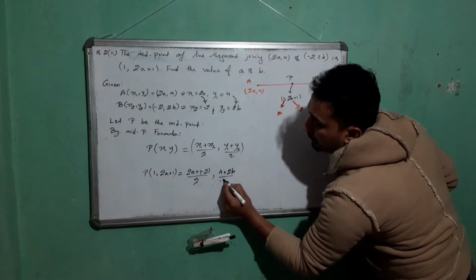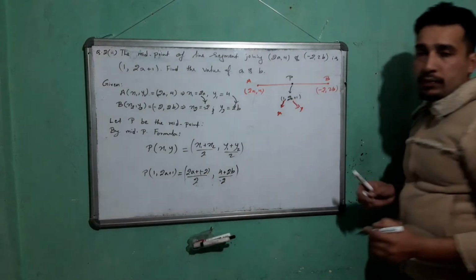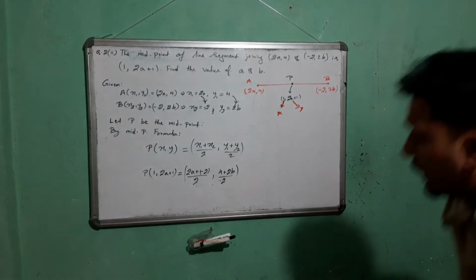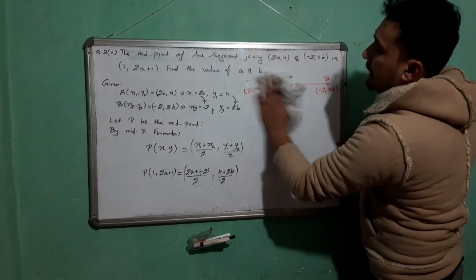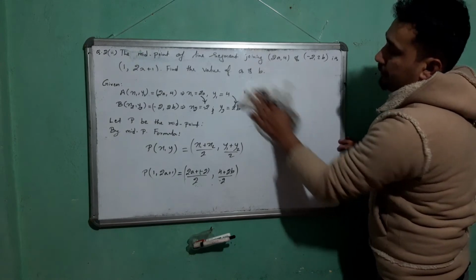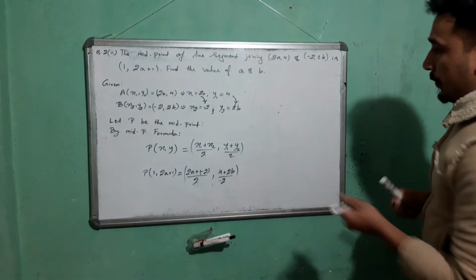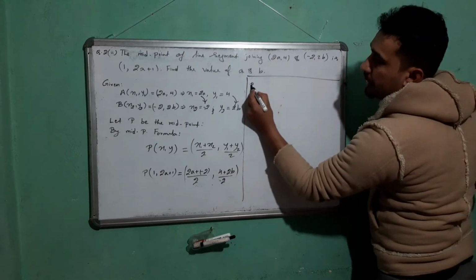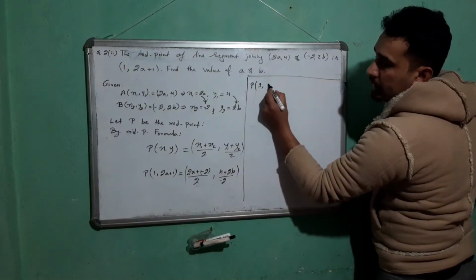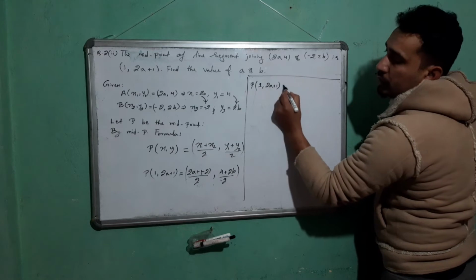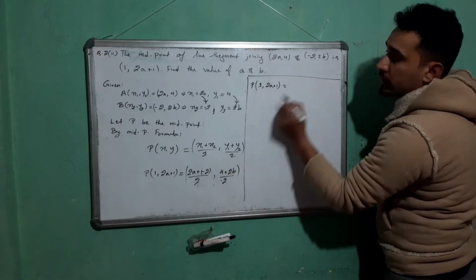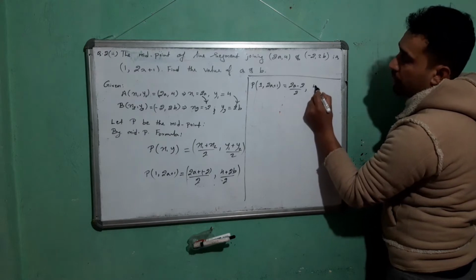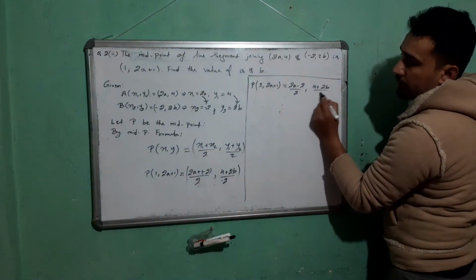So (1, 2a + 1) is equal to ((2a - 2)/2, (4 + 2b)/2).